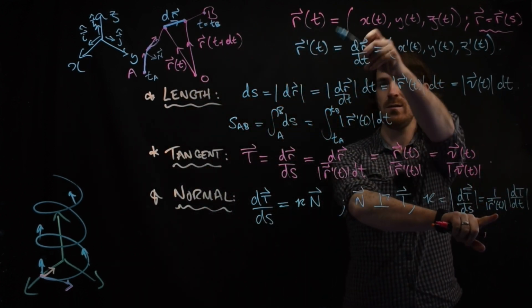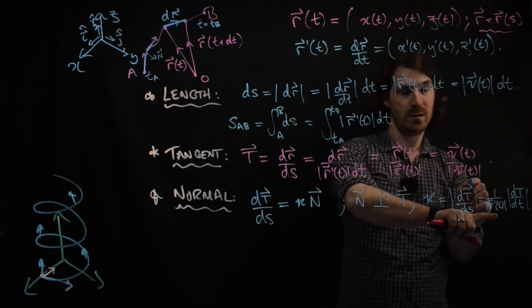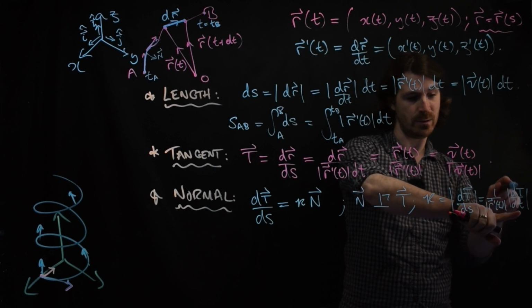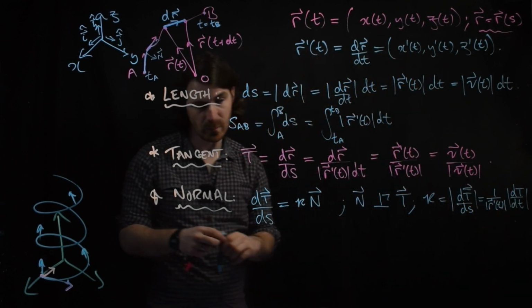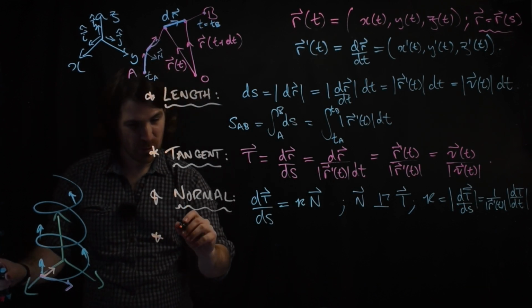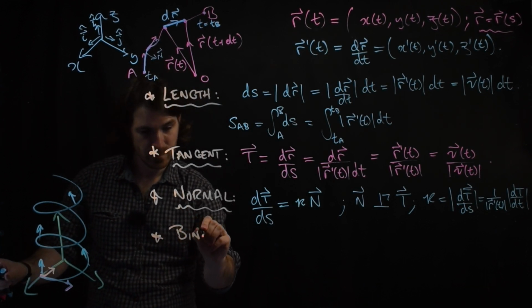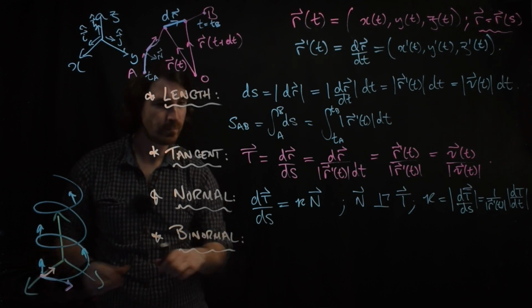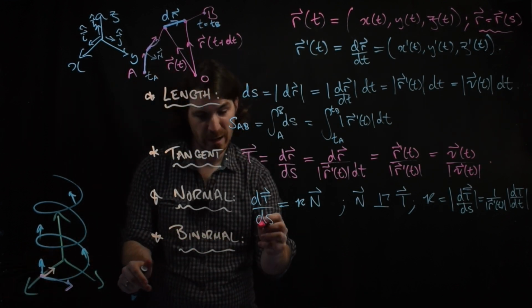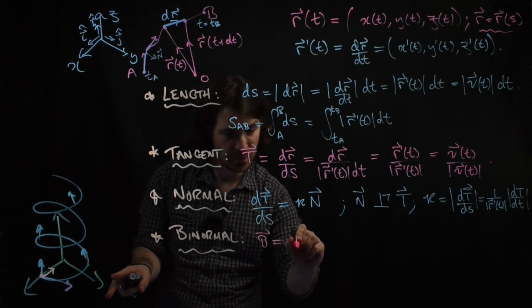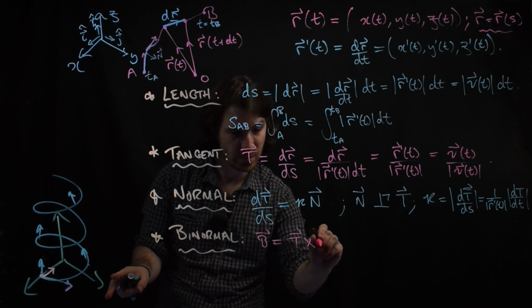We differentiate to find dr by dt, find its magnitude, and if we know our tangent vector in terms of t, then we just do this also. Fine. Then we thought about the binormal vector, and we define the binormal vector b as the cross product of the tangent vector and the normal vector.